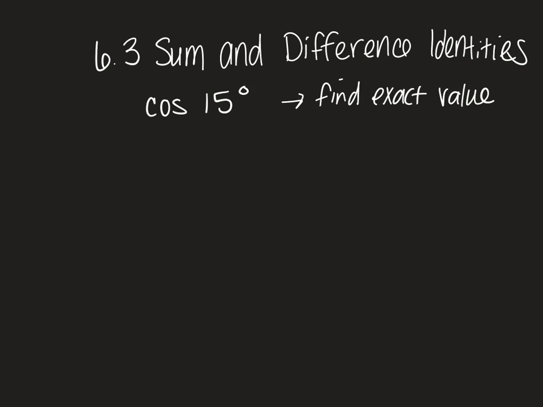So if you look at the sum and difference identities on your sheet, what we want to do is write 15 degrees as either a sum of two angles or the difference between the two. We're going to look at the numbers we have on the unit circle and pick two of those that will either add together or subtract together to give you 15.